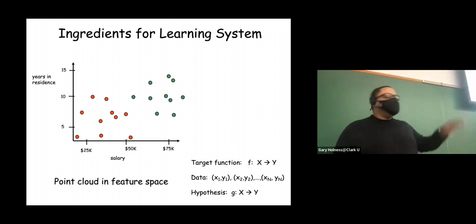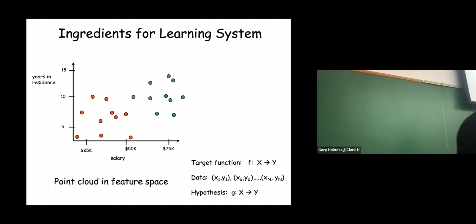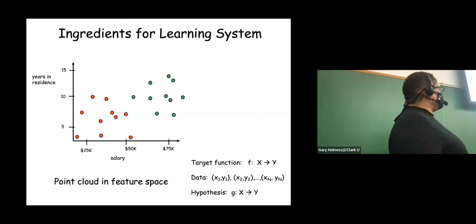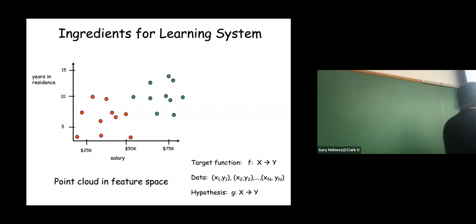But that being the case, when we see this point cloud in feature space, we now have to think about what our hypothesis set is. We're going to make an educated guess, and that guess is informed by the geometry of this space. One of our goals is to use as simple a family of functions as possible, over which our learning algorithm will search in order to find this notion of a best hypothesis.